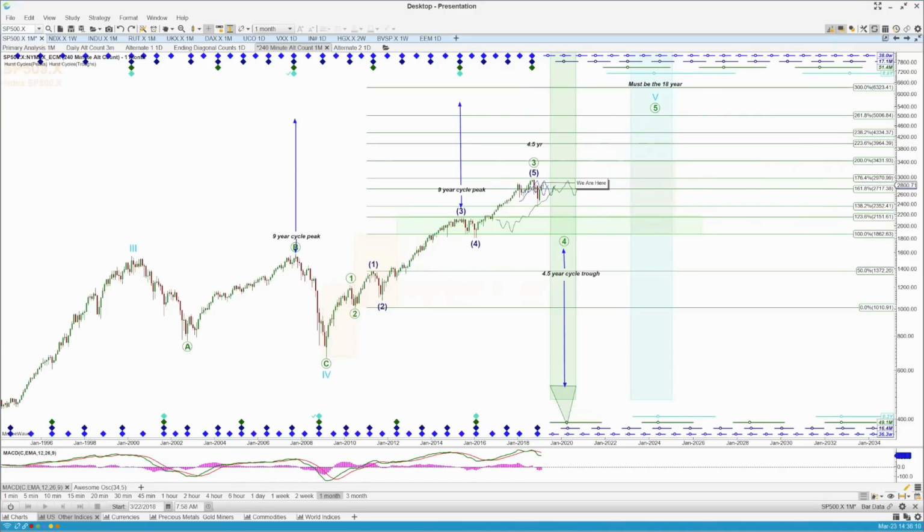However, what we can ascertain from that is that we have not yet got to the beginning of that time window, which starts in July this year. Hence another piece of the evidence that I don't think this wave 4 concluded at the December low that we saw last year.